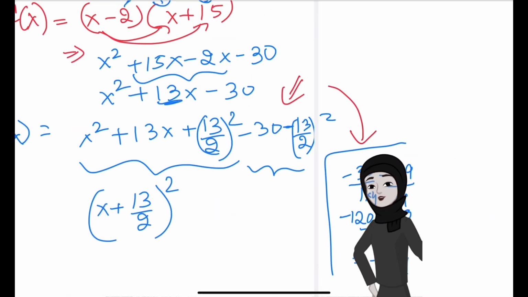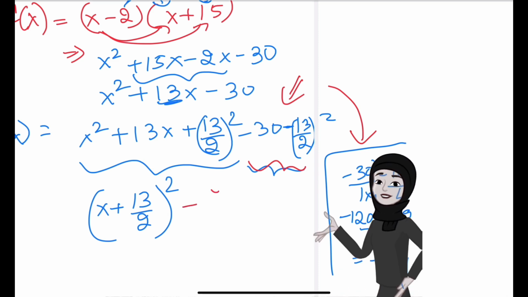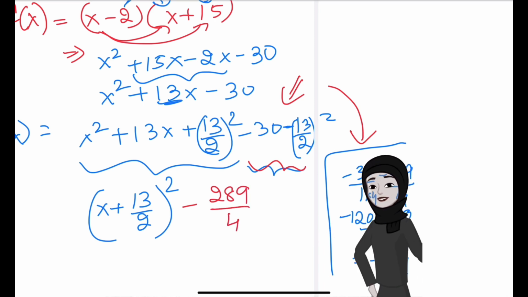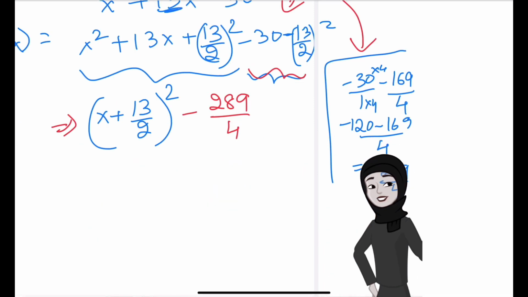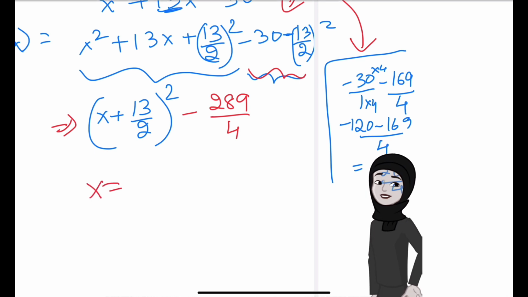This part we are combining over here, only this minus 30 and this minus (13 by 2) squared. We are basically adding those two negative terms, and so we are left with minus 289 divided by 4. So that means that f of x reaches its minimum when x is equal to minus 13 by 2.